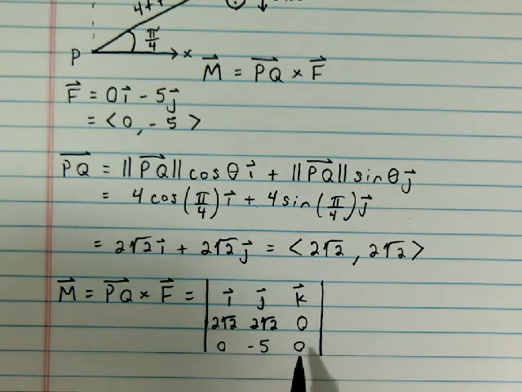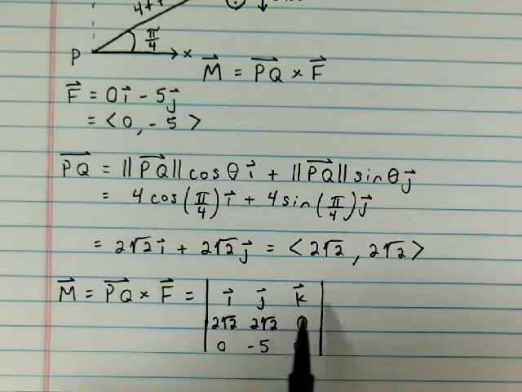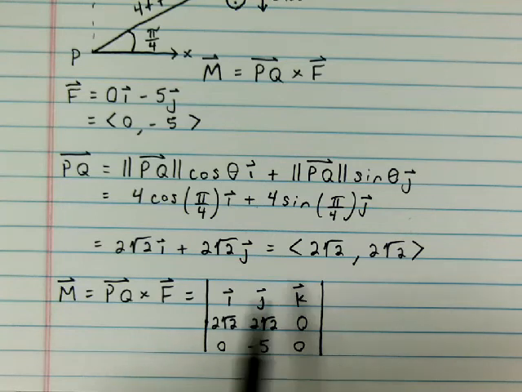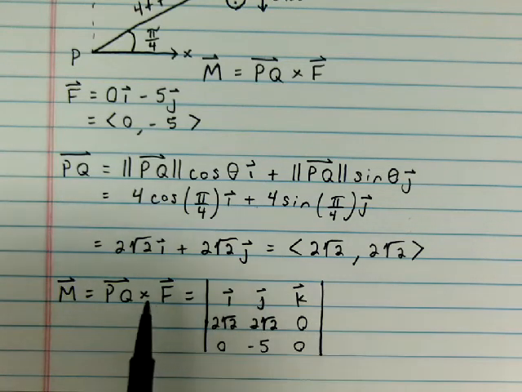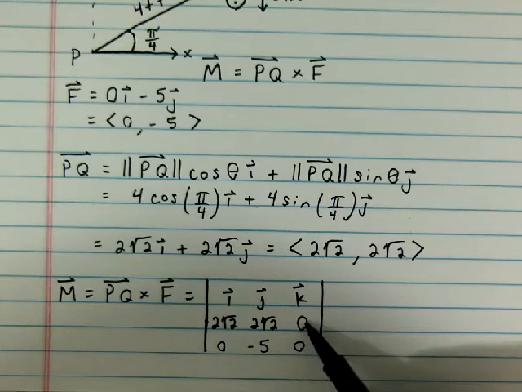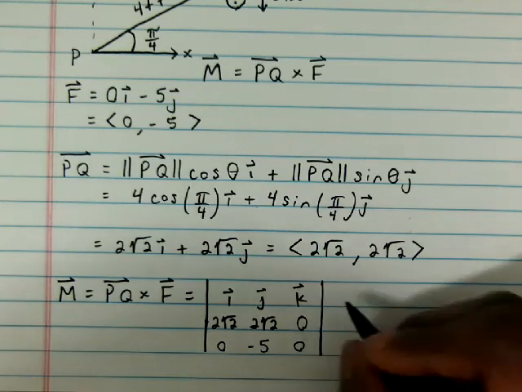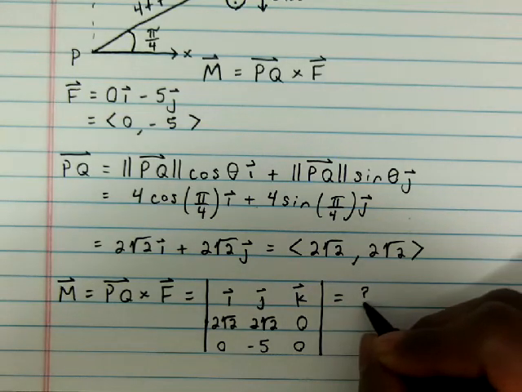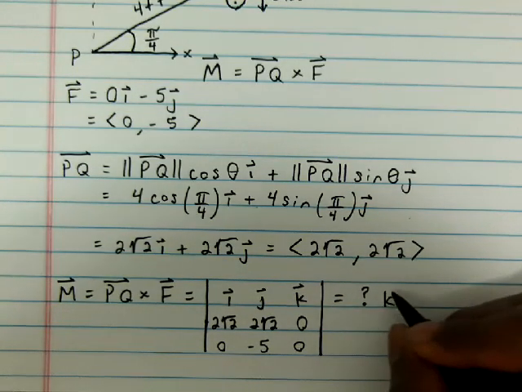And remember, this is a vector, so when you finish, make sure you have your i, j, k. Whenever you have a cross product of 2 vectors that are both 2-dimensional, so their k components are both 0, your answer is going to come out as, I mean, I could go through and compute it, but I'm going to let you all do that. It's something k.